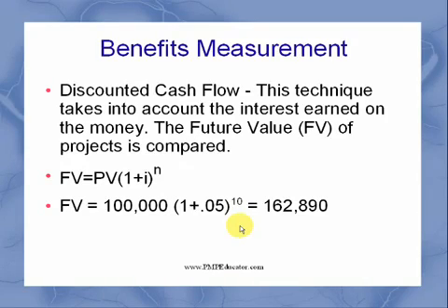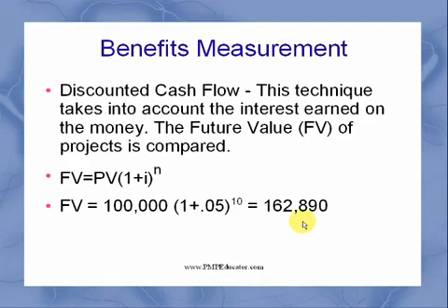For example, if you have a project which costs $100,000 at this time, with an interest rate of 5%, in 10 years the future value will be $162,890. The idea is to find the future value, and if the future value is higher, you will select that project. This is for a long-term investment strategy.